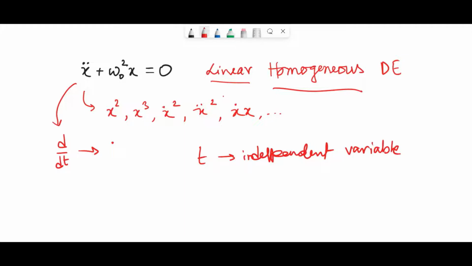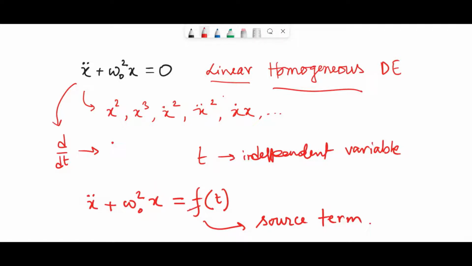If there is any term which contains t only, but not x, then this is an inhomogeneous equation. So this would be an inhomogeneous equation if we had a term on the right hand side which is purely a function of t. And this function, which purely depends on t, is called the source term.